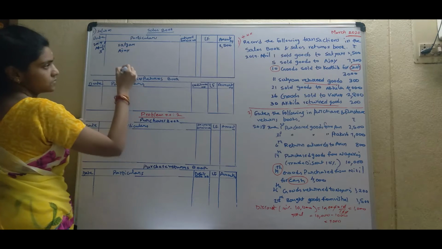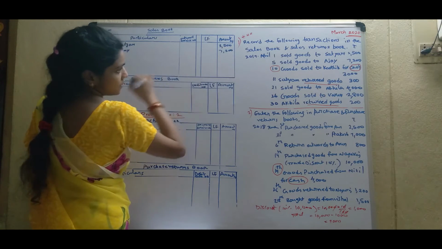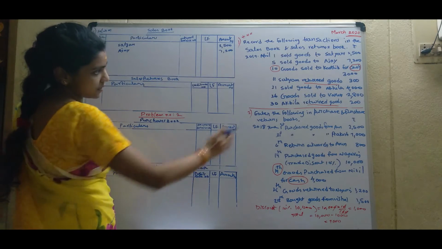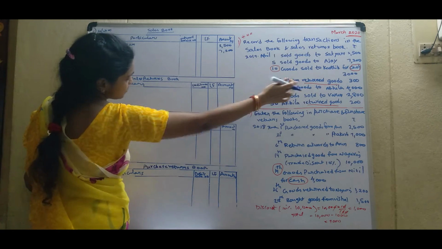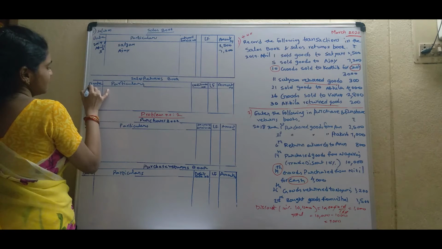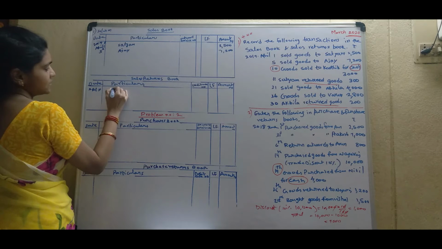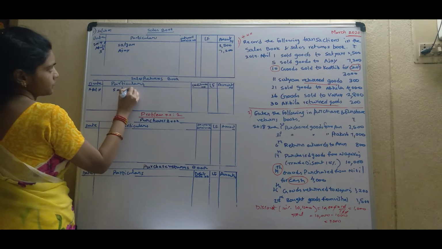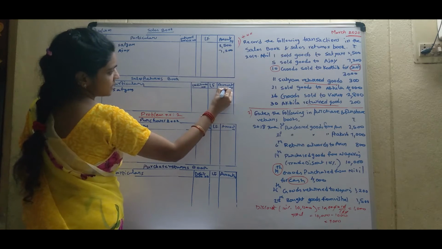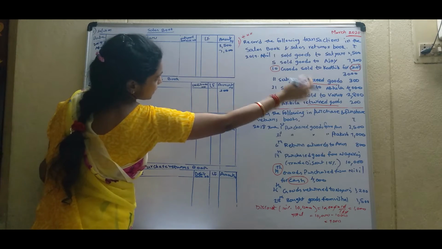What's the amount? 7,200. And as this is for cash, ignore the transaction. And coming to the next, Satyam returned goods. So this comes under sales returns book. April 11. Satyam returned goods. Amount 300.